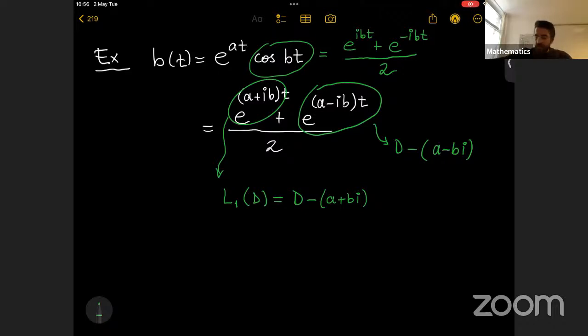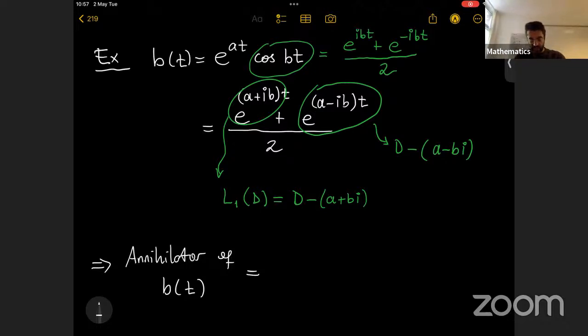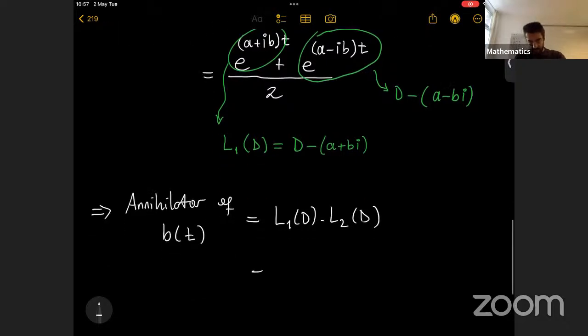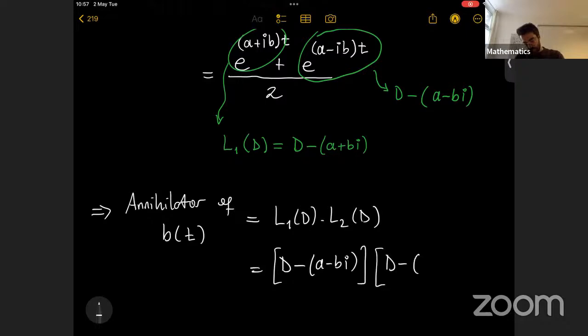Let's write the annihilator here, which in this case is L1 of D times L2 of D, which is D minus a minus bi times D minus a plus bi.